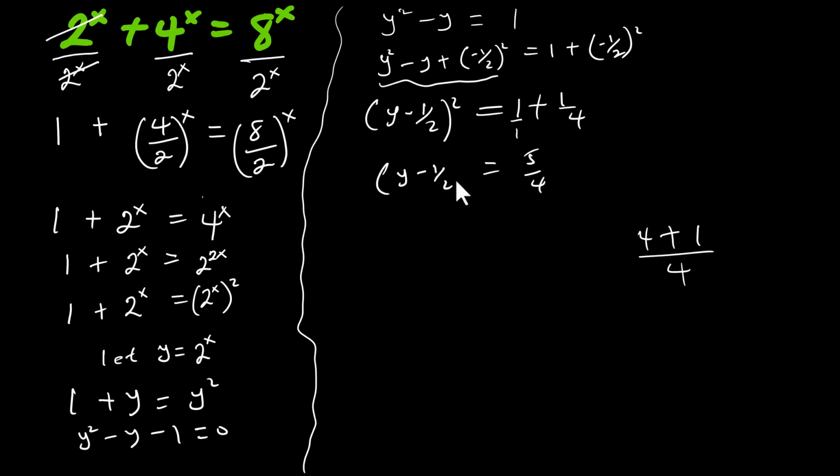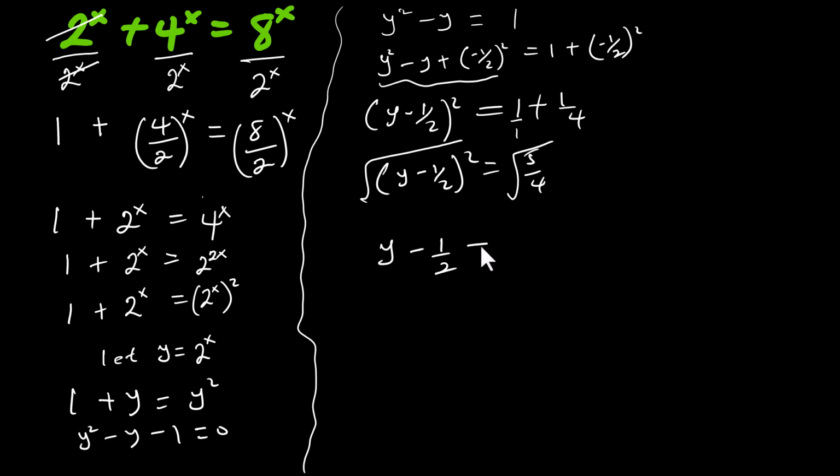We can go ahead and take the square root on both sides. So we have y minus half equals plus or minus root 5 over 2, because taking the square root, the numerator will be root 5 while the denominator will be 2.